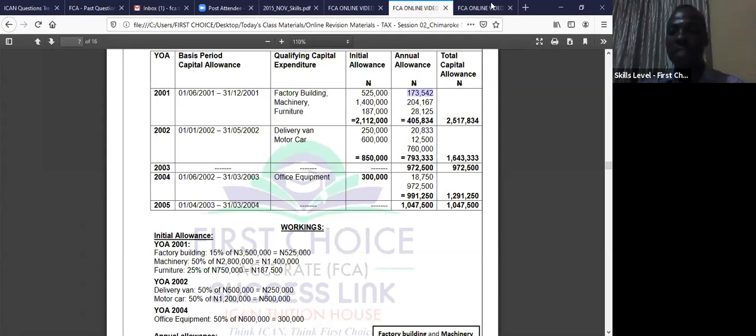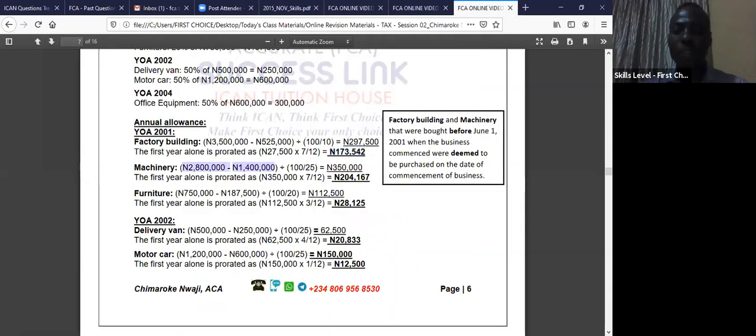Let's go to the next one, which is machinery. Machinery was bought, so when we deduct the initial allowance, we say 2,800,000 minus 1,400,000. It will give us 1,400,000. We then say 100 divided by 25, 25% is the annual allowance rate, so it is going to give me 4 years.